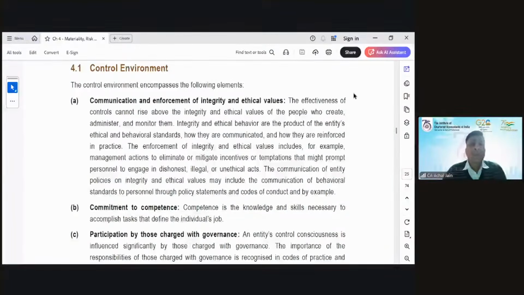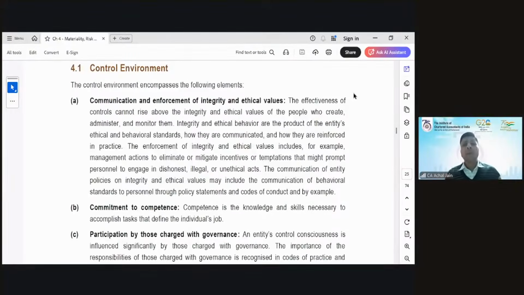Okay. Now, communication and enforcement of integrity and ethical values in the organization. So actually, what should happen? The ethical values and integrity, any of these things that we talk about, are very important. But as an organization, what is the first thing?